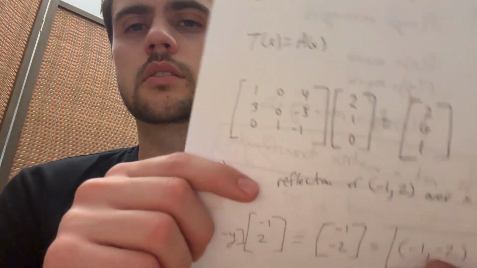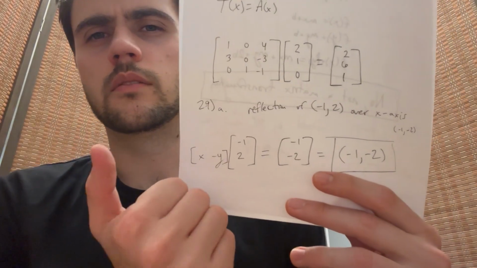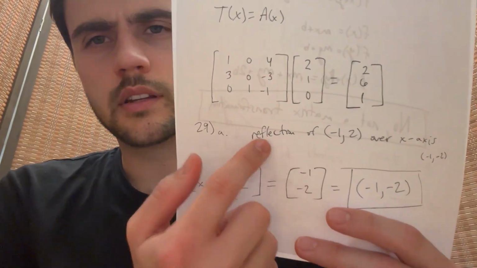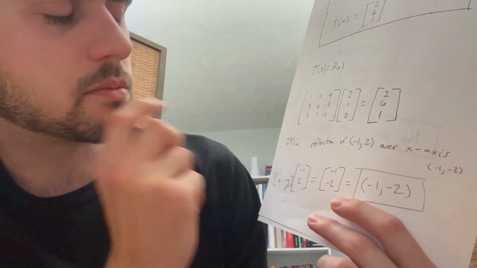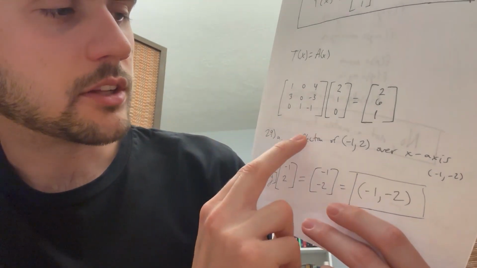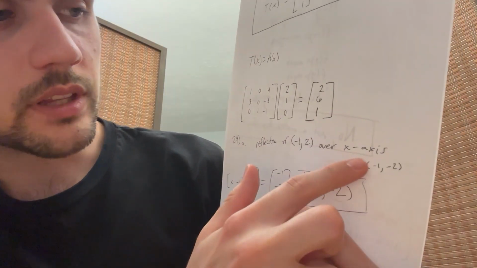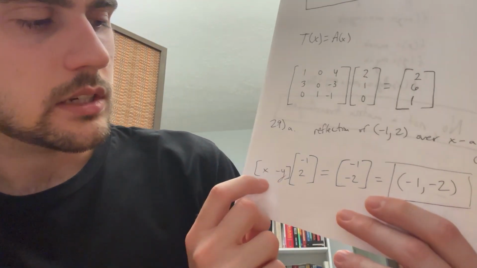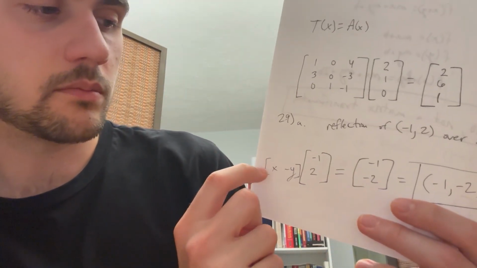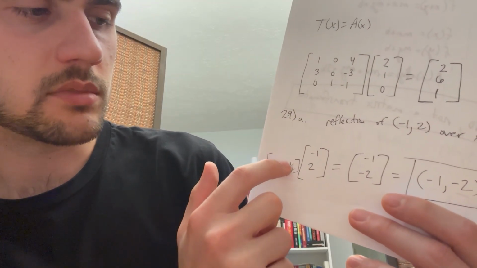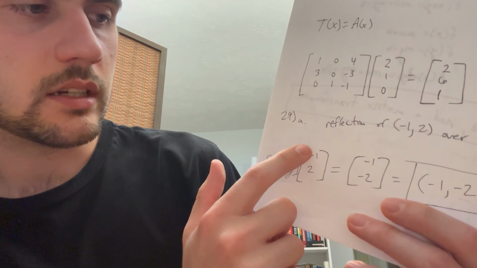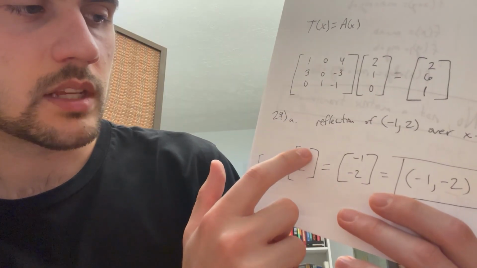All right, 29. This was: use matrix multiplication to find the reflection of (-1, 2) over the x-axis. And I believe from thinking, the matrix multiplication is going to be x times -y over -1, 2.